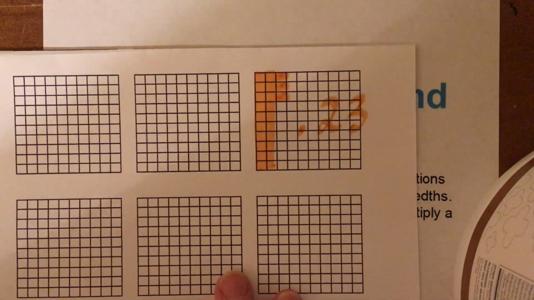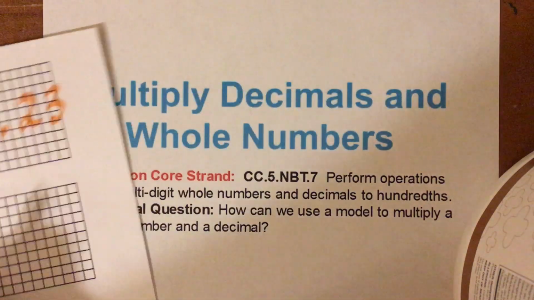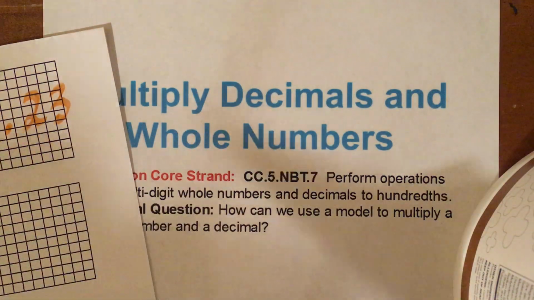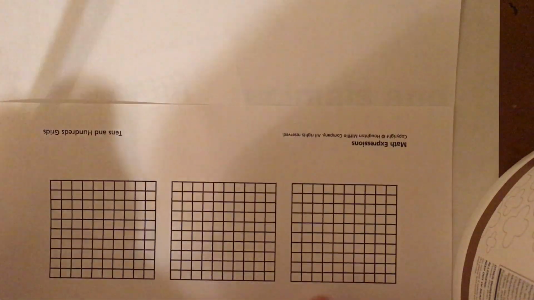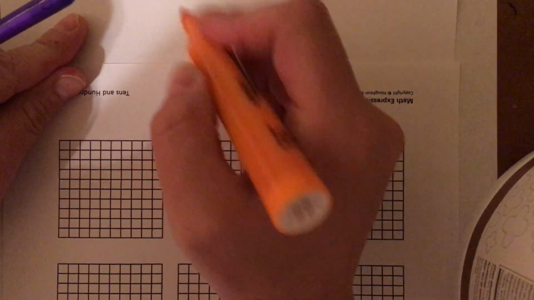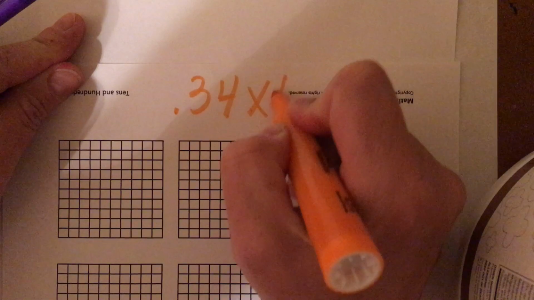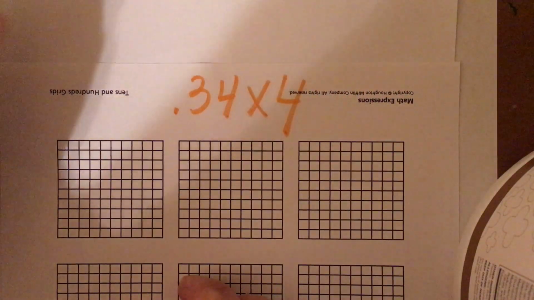Today's problem we're going to work on is, hold on, let me get a piece of paper here. 34 hundredths times 4.